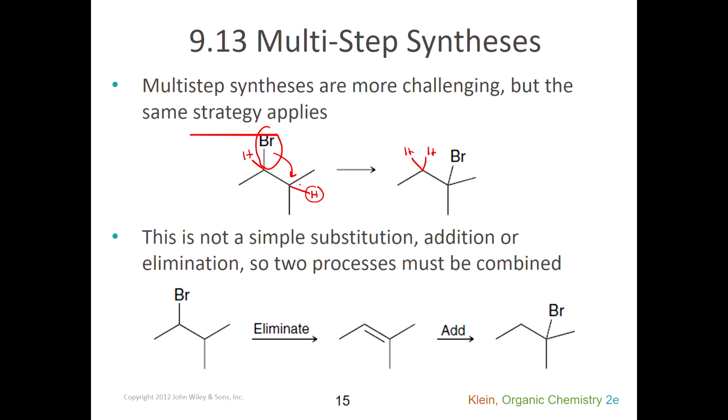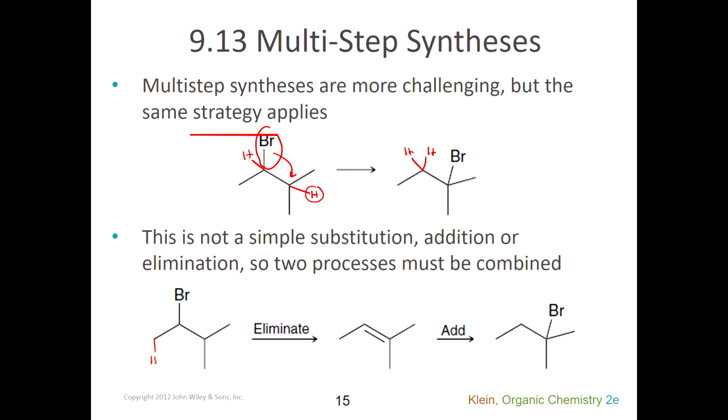And that is where elimination and addition reactions are often used in sequence. Because if I eliminate this bromine to make an alkene, then I can add things across the alkene to make the product I want. So this is tricky though, because we talked about elimination.